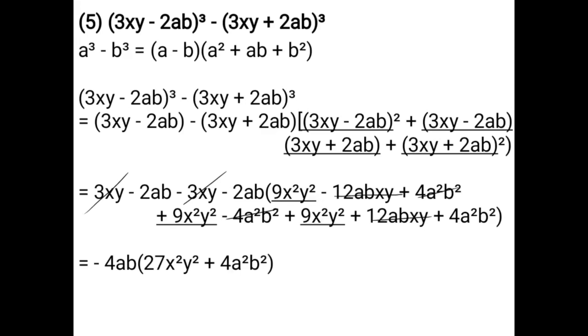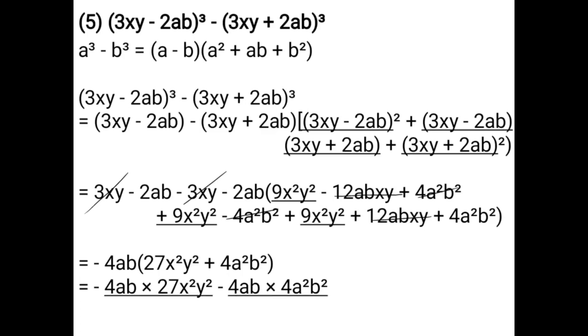After that, you have to write the multiplication form of minus 4ab of (27x square y square plus 4a square b square). That is equal to minus 4ab into 27x square y square minus 4ab into 4a square b square, multiplying both the terms by minus 4ab.